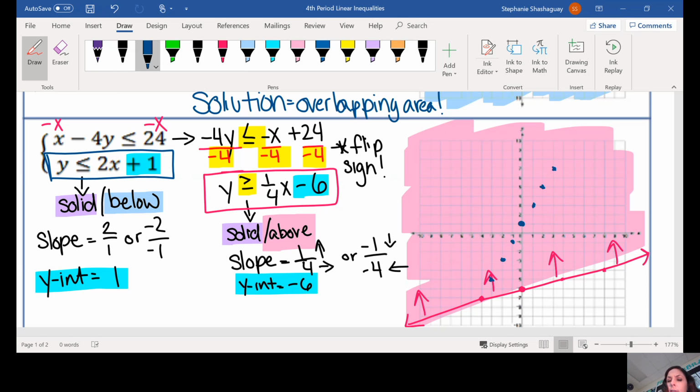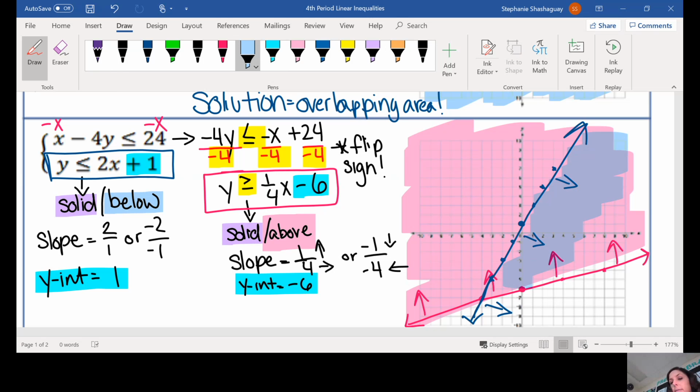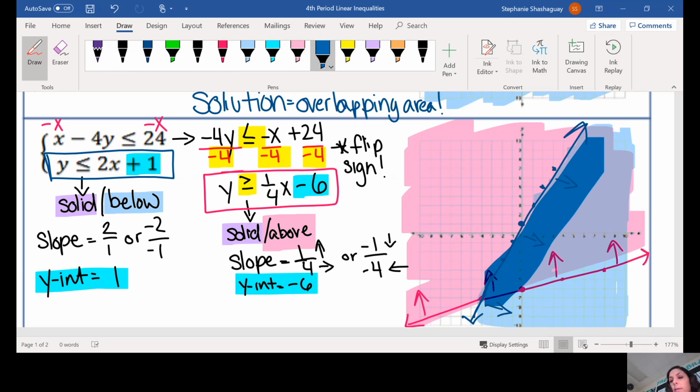And so I'm going to draw my solid line like so. And I will be shading below the line. And so it would look like this. All of this area would be the solution to that linear inequality. So the solution to both is going to just be this area here in dark blue.